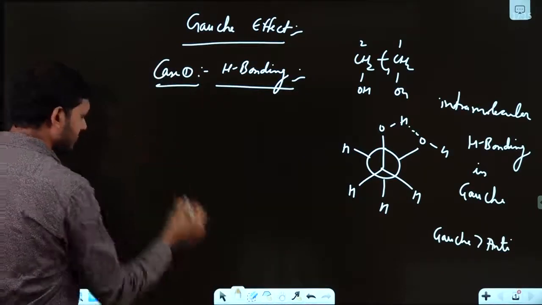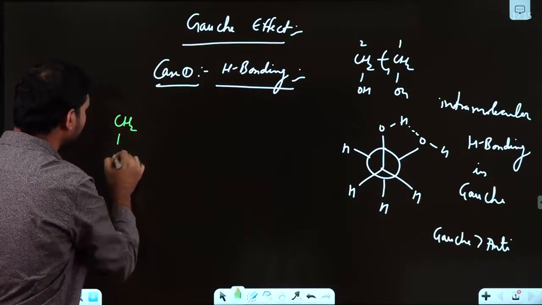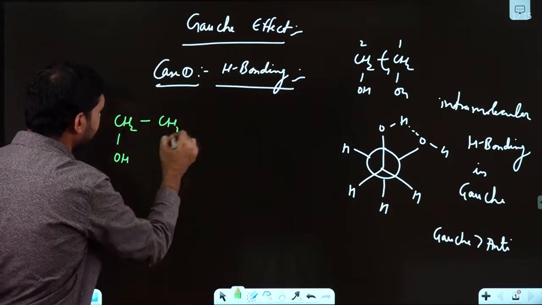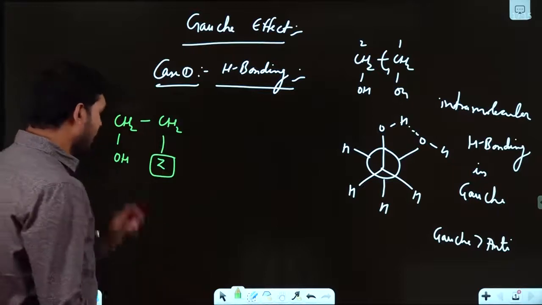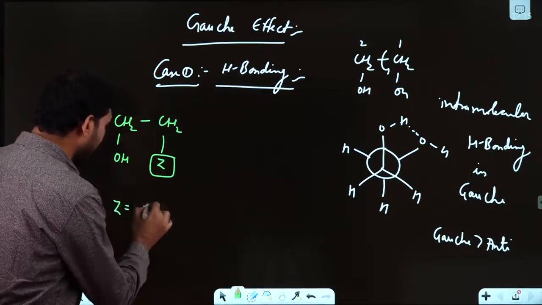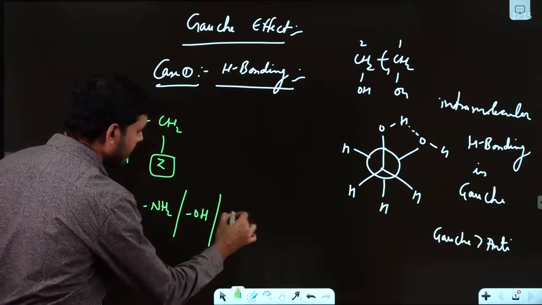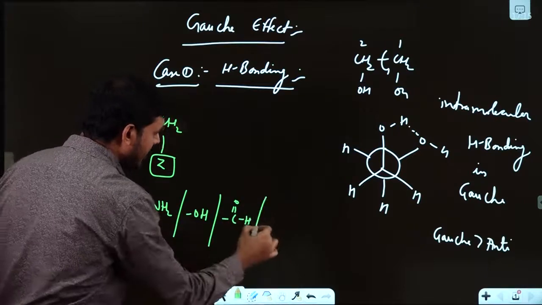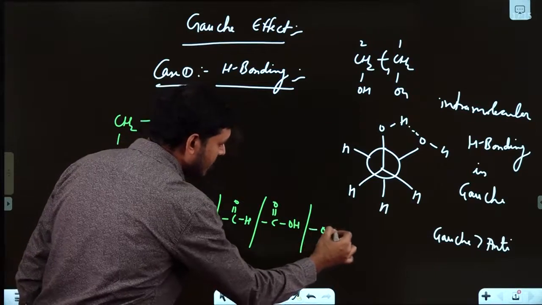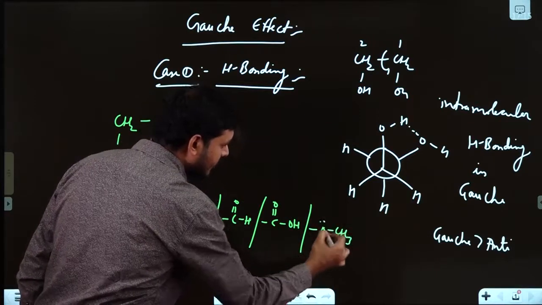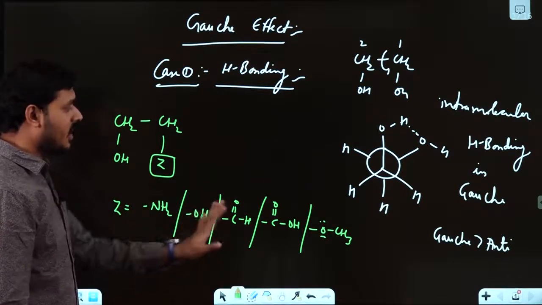Suppose you are having CH2, OH, CH2, and this group, suppose you are calling any group Z. So if I say Z equals NH2, or OH, or C double bond O and H, or C double bond O, OH, or O, CH3, in all these cases, gauge form will be more stable than anti-form.